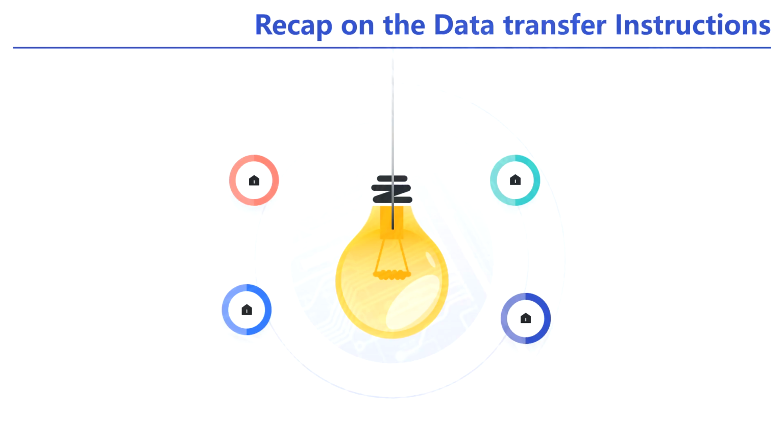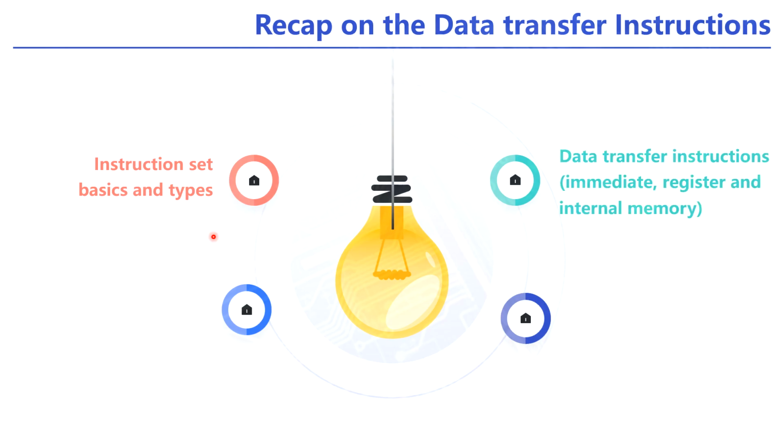Now, first of all, we will see the recap on the data transfer instructions. We have already discussed these parts. First of all, instruction set basics and types. We have already studied, right? Second, data transfer instructions, that is immediate, register and internal memory.